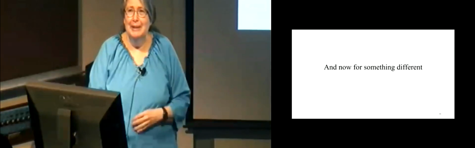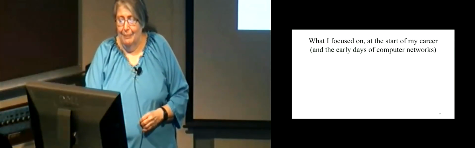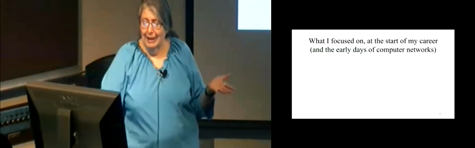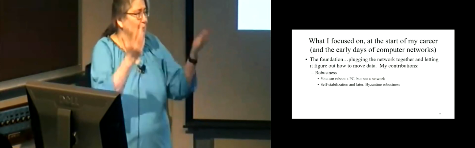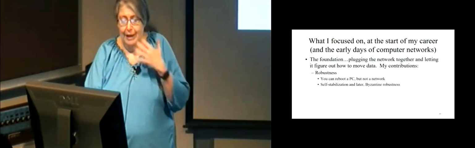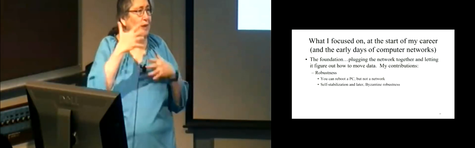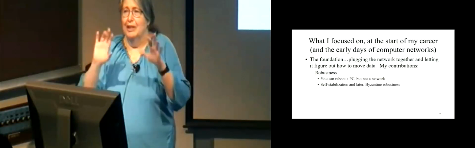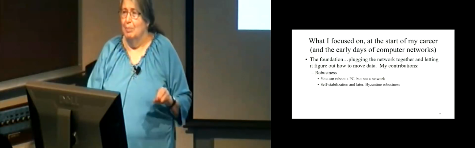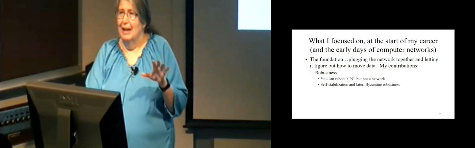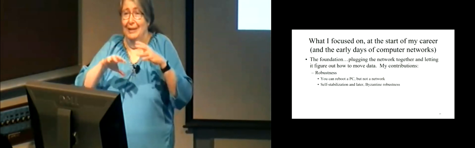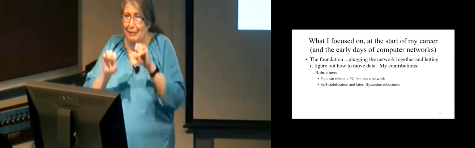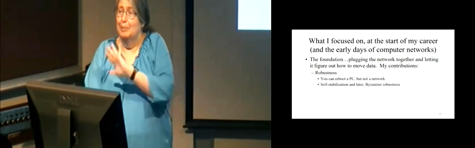So, okay, now for something completely different. When I started my career in the early days of networking, I worried about how to plug the network together. My contributions were how to make the network really robust. The original link state routing protocol was very fragile. I showed how, in the ARPANET, if you breathed on it, if you just injected a few bad messages, it would be down forever.